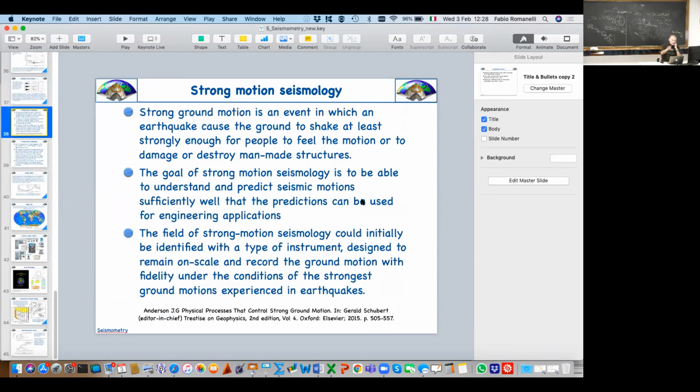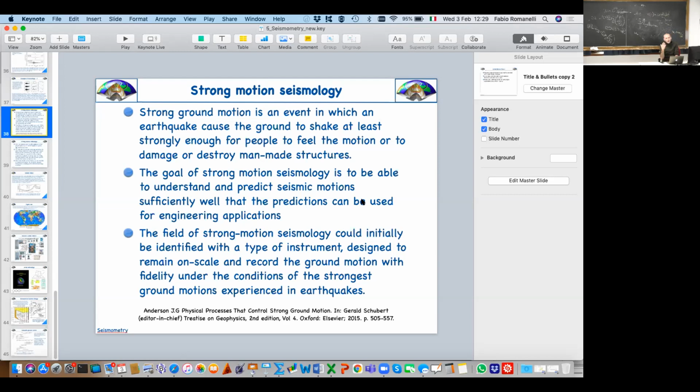But please, if you're going to work with strong motion seismology, in the 80s, that meant something with a clear definition, because it was something that was causing strong shaking. Now, strong shaking, what does it mean? What is strong? Well, strong means that it can cause damage.